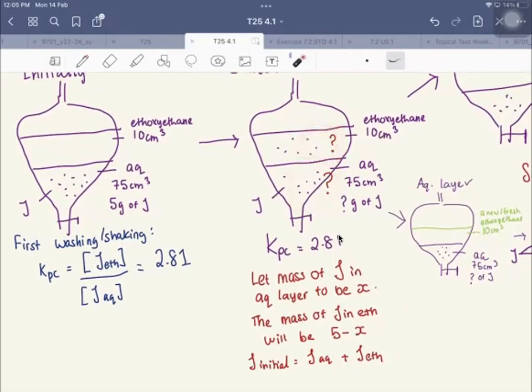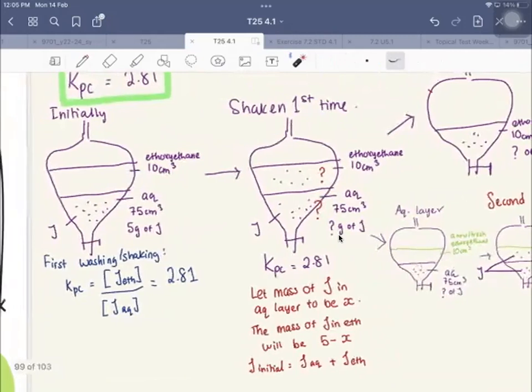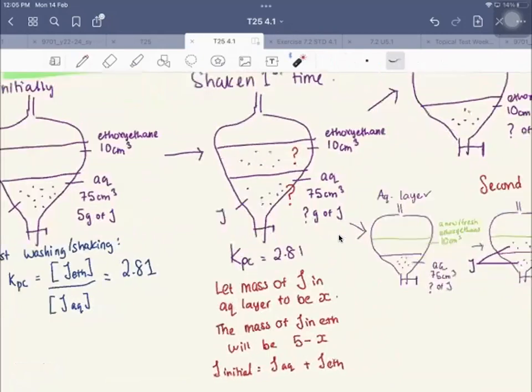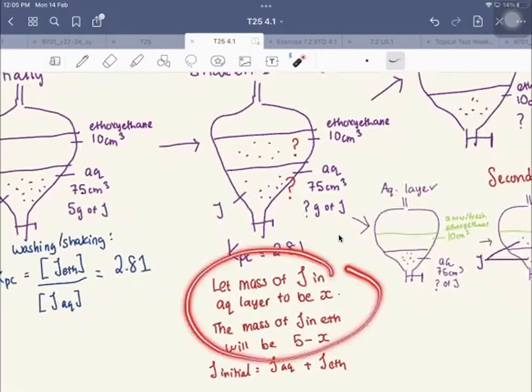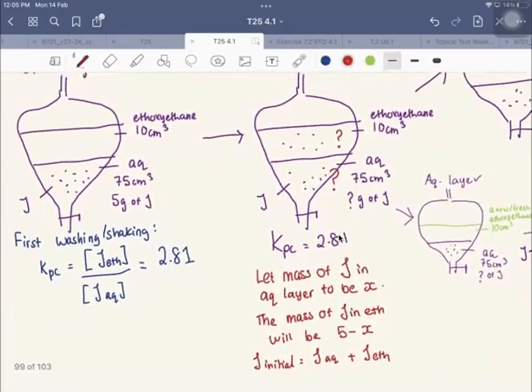I will let you try to absorb that information first. We are now dealing with the first washing. We haven't moved to the second washing. Once you are happy with this concept, you can now sub in the information.